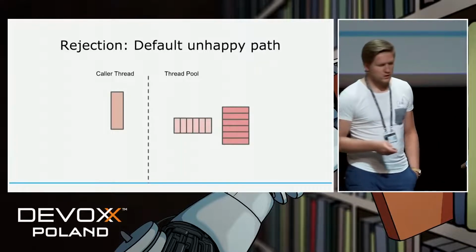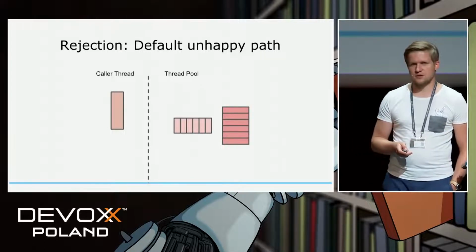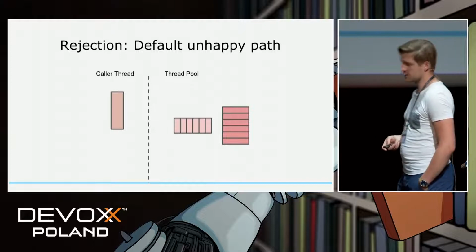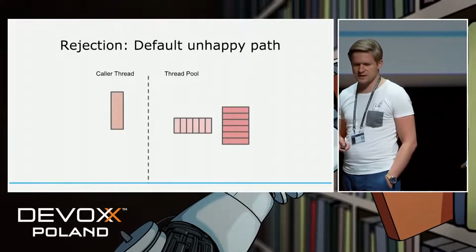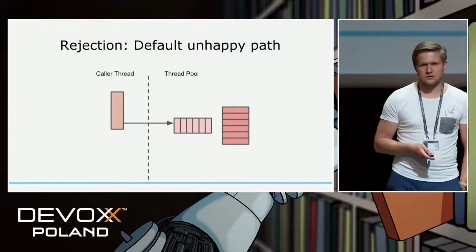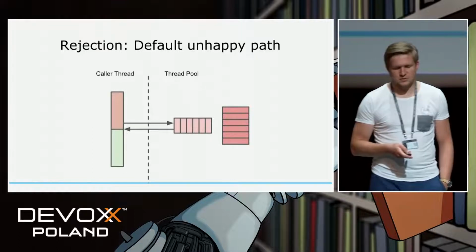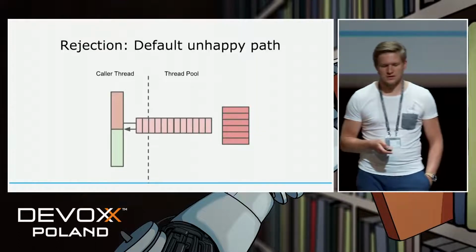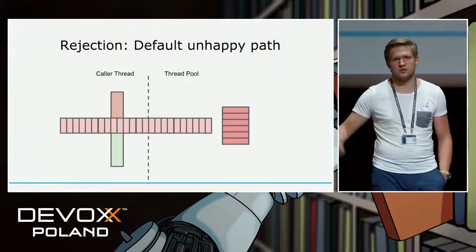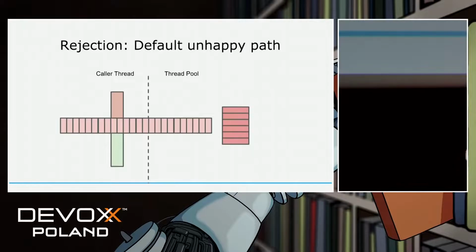Well, if we use the default settings and we get this unhappy path, where everything is clogged up and we have no resources, then whenever a thread puts some new task on this queue, we're not going to get any feedback. Everything's going to be fine, but the queue is going to keep on growing, as I said. Because the size is infinite, it's just going to keep on growing. Well, this is a bad situation for us because the memory is finite, unfortunately.